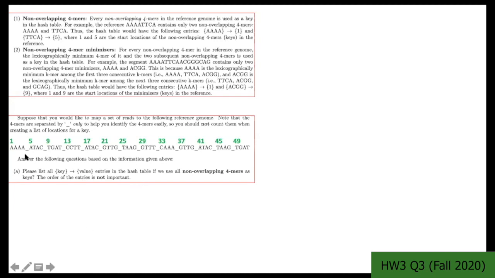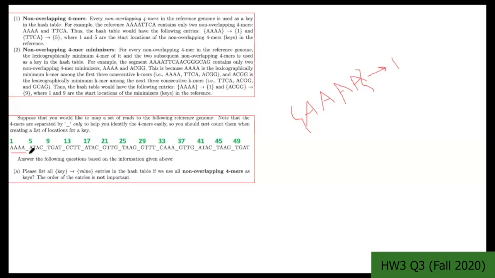And now, okay, if you want to extract the first k-mer, we already split them using the underscore sign. So the first one will be this k-mer as it is. So we are going to store A, which are the 4 characters, and this k-mer is located at location 1.